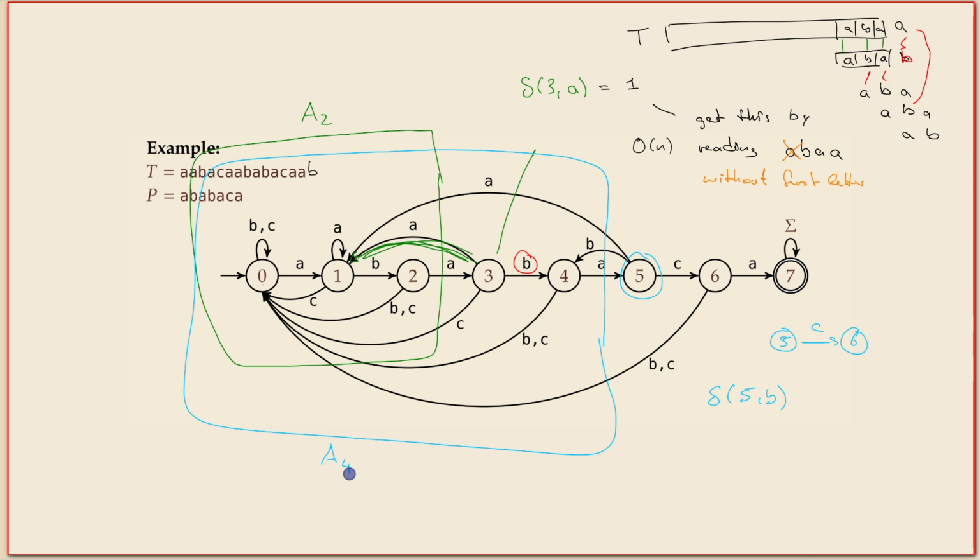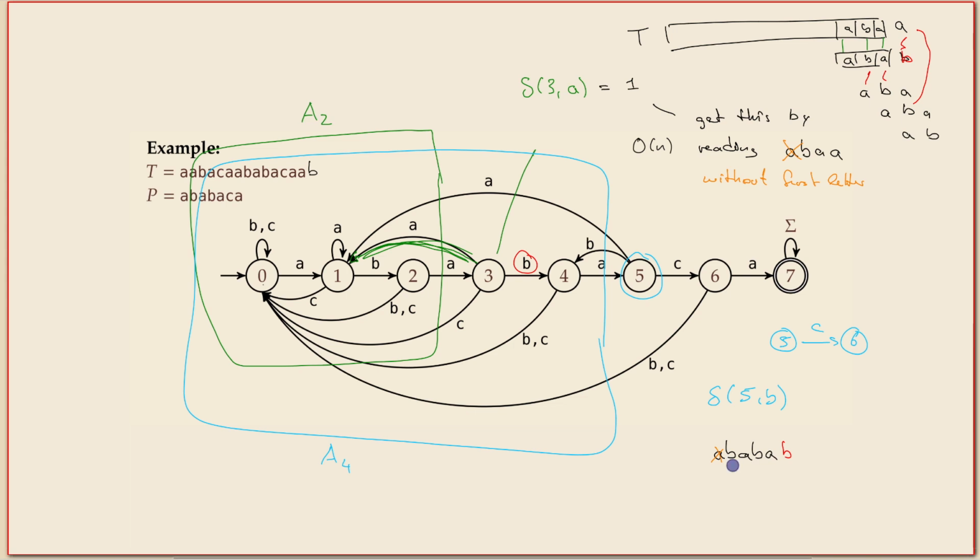Being in state 5 means we've seen the first 5 letters of the pattern. And the first 5 letters of the pattern are A, B, A, B, A. And now we're reading a C, sorry, a B, and we drop the first character.